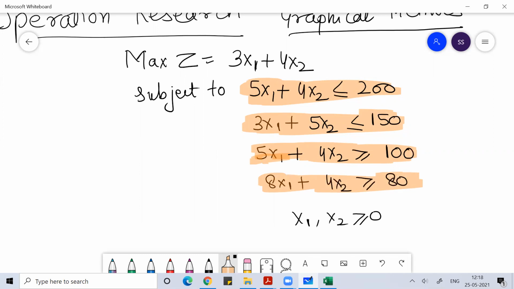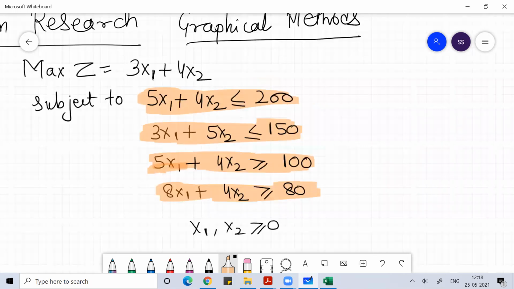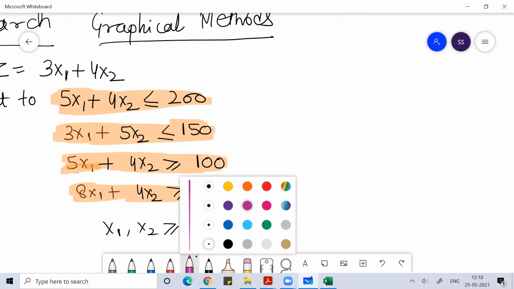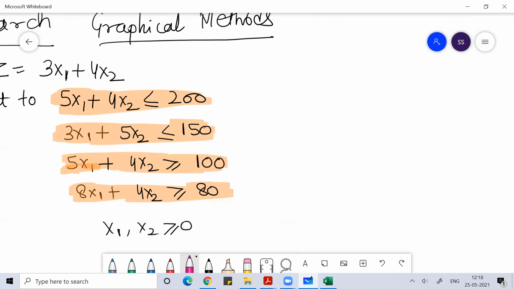Because you're using LPP, definitely you have linear inequalities in the constraints. So for the time being, while solving the problem by the graphical method, assume there is no inequality, and ignore the inequality for the time being.